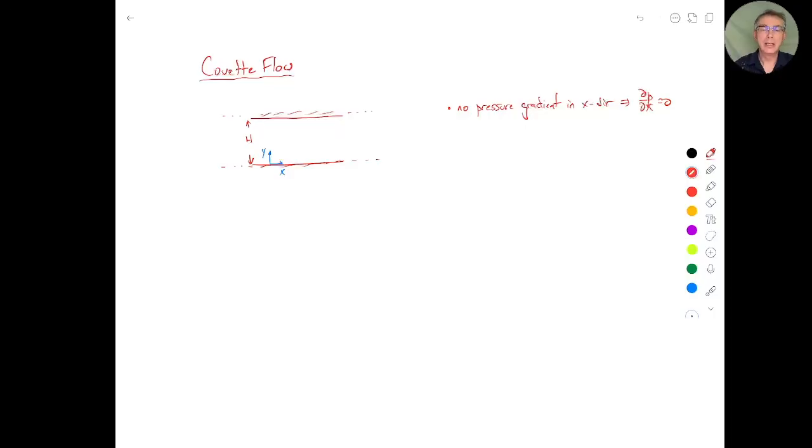We're going to say that the fluid we're dealing with is incompressible. We're going to say we're dealing with a steady flow, so steady state. I'm going to say that the flow is also fully developed in the x direction.